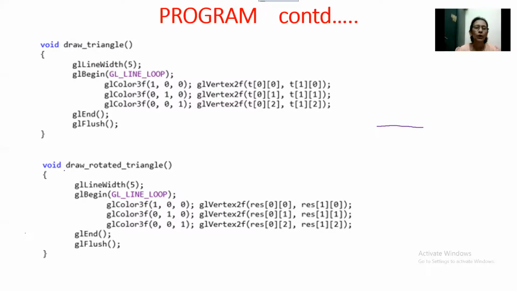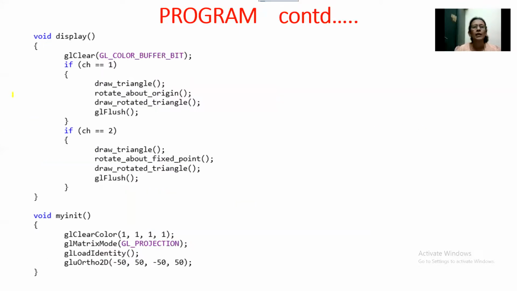Now to draw the rotated triangle, the rotated vertices are available in the matrix RES. So we use those vertices and draw this rotated triangle. Now this display triangle is the display func callback function.